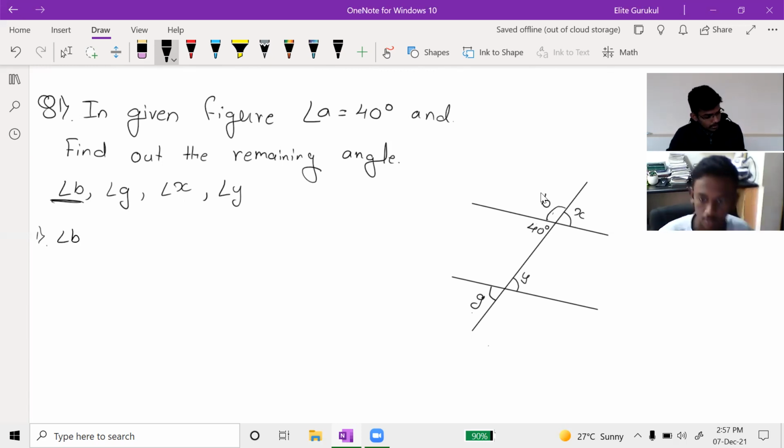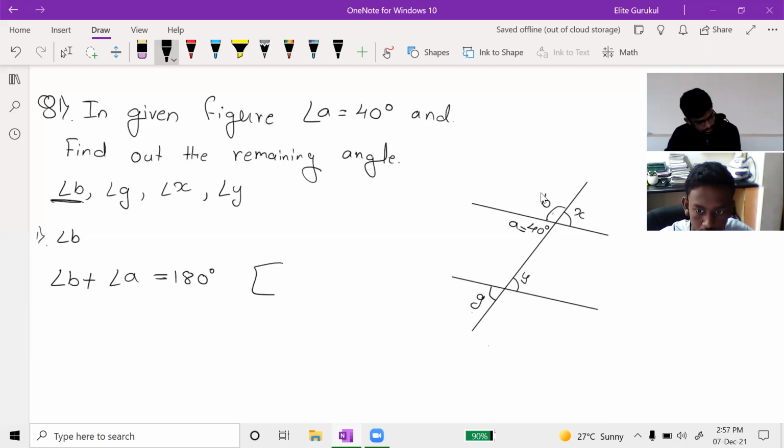We are finding angle B, right? So angle B plus angle A, which is 40, is equal to 180 degrees. Write the reason: linear pair angles.